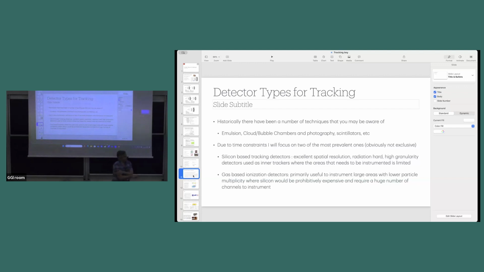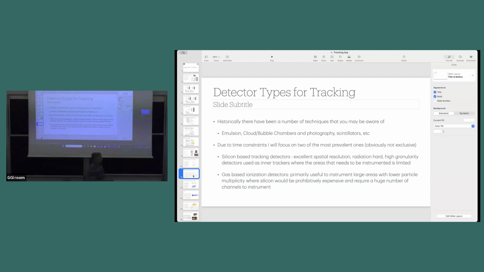It has excellent spatial resolution. It's radiation hard. It's highly granular, so it's easier to build detectors with very small features so that you can have excellent resolution on the position measurement of the particle.